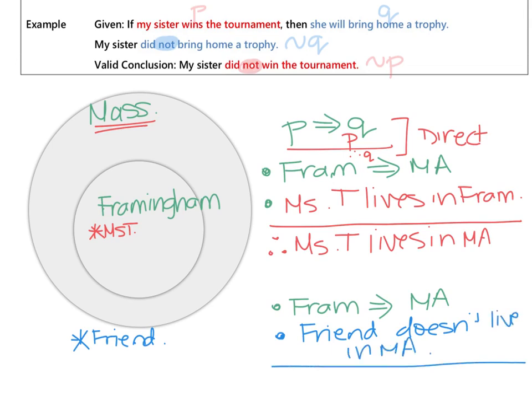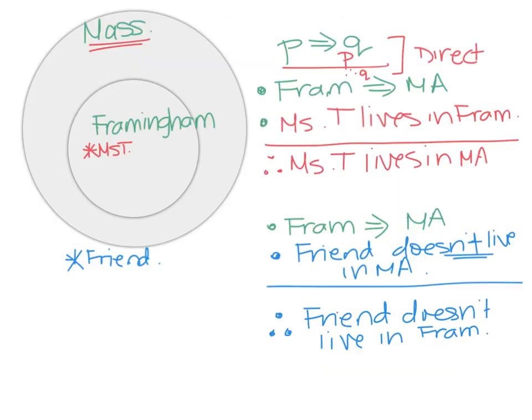So I can conclude, remember this is a negation here, that there's no way the friend could live in Framingham, because if they did, they would live in Massachusetts. So again, this form is indirect. I have P implies Q, not Q, or the negation of Q is true, therefore the negation of P can be concluded.